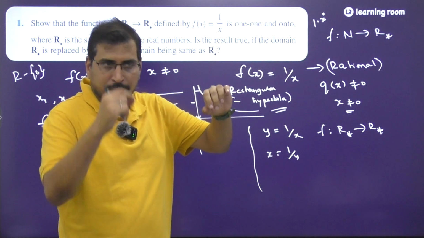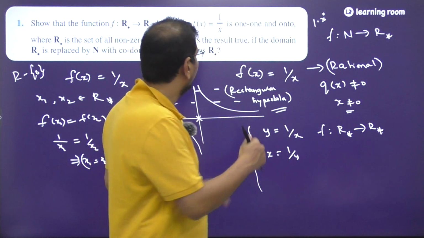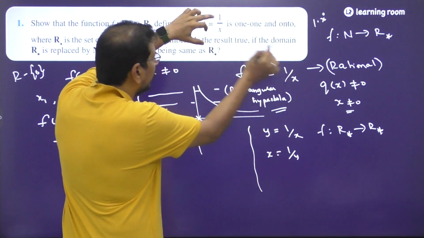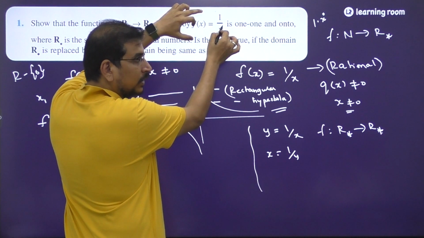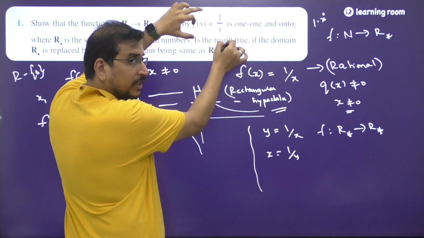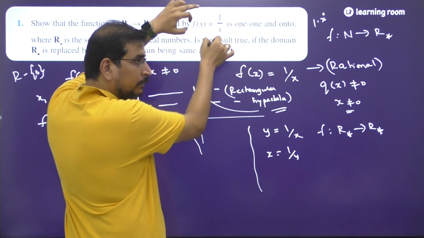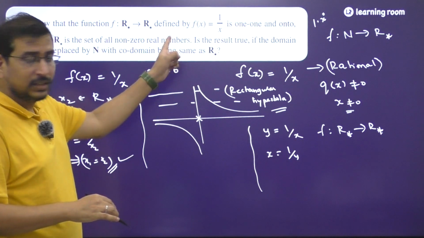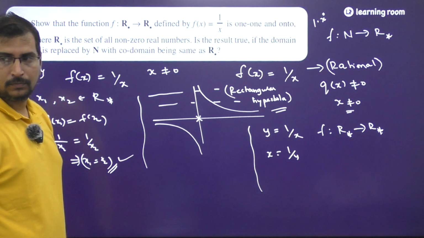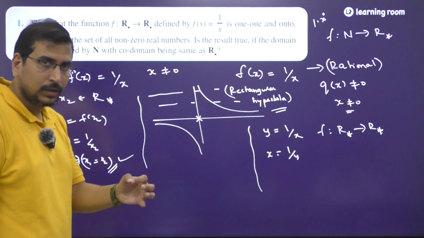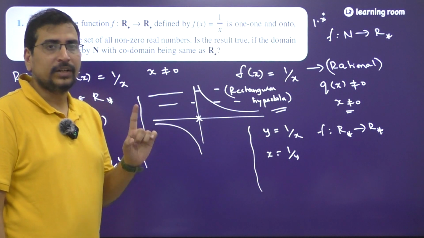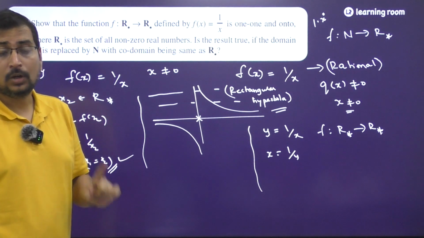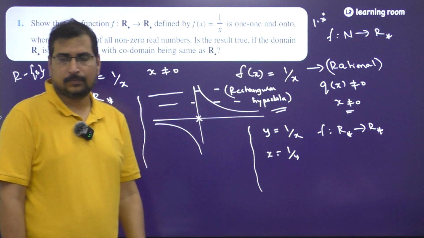Like this, for every natural number that you substitute, because what is the function? 1 by x. If I put n is equal to 1, f of 1 is 1, f of 2 is half, f of 3 is 1 by 3, f of 4, 1 by 4. All are real numbers. So you see the number will never get repeated. So every input has a unique output. It's a 1-1 function.